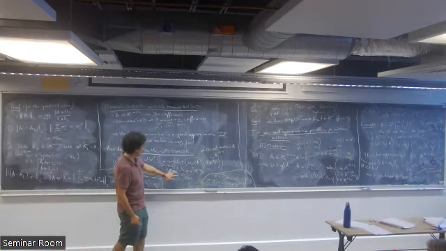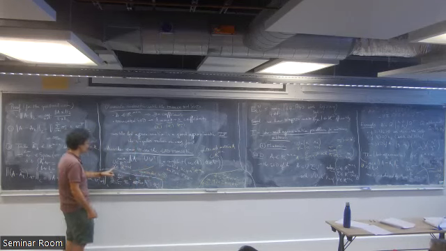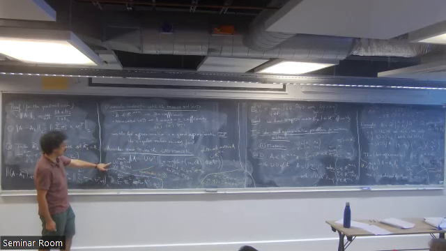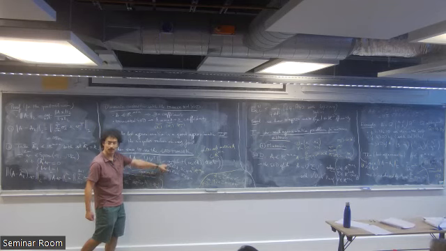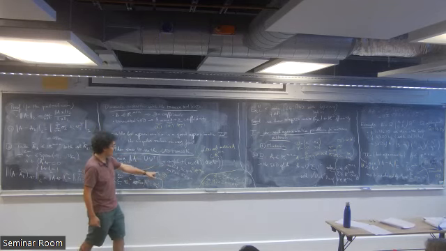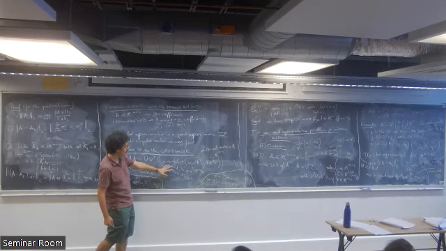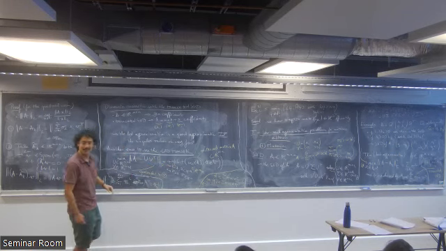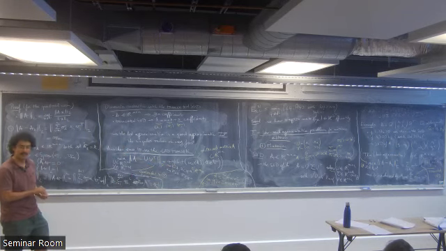Note that there's a difference: these are capital U and these are curly U and V. The curly here means that it's a vector space.